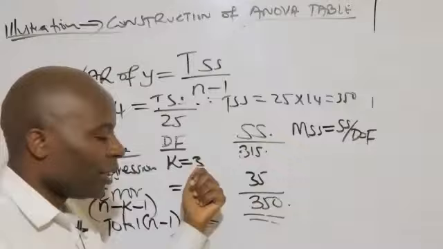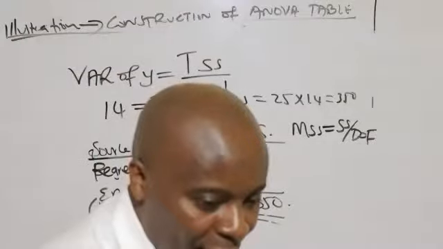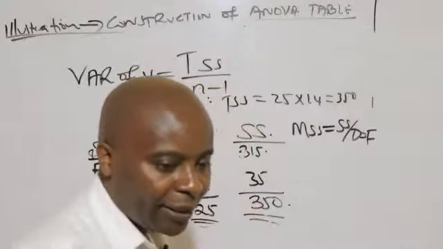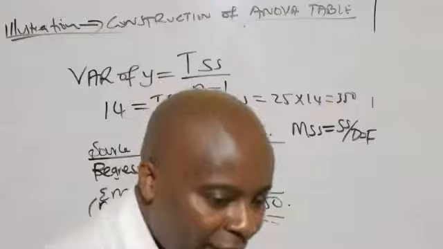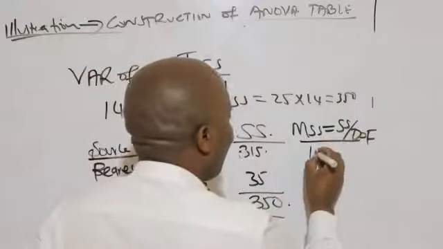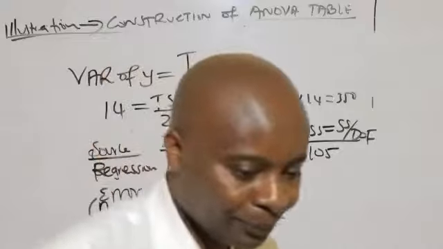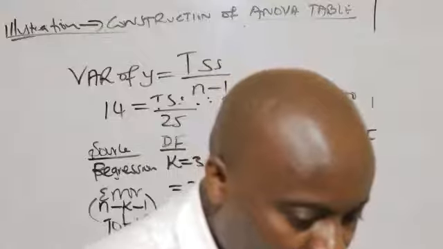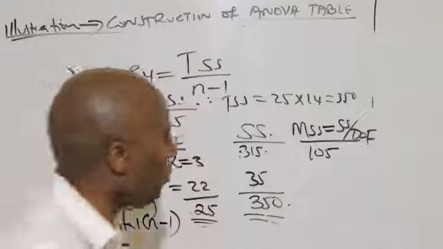That gives us 105. What about 35 divided by 22? 1.59 or 1.6. 1.59 seems to be popular.